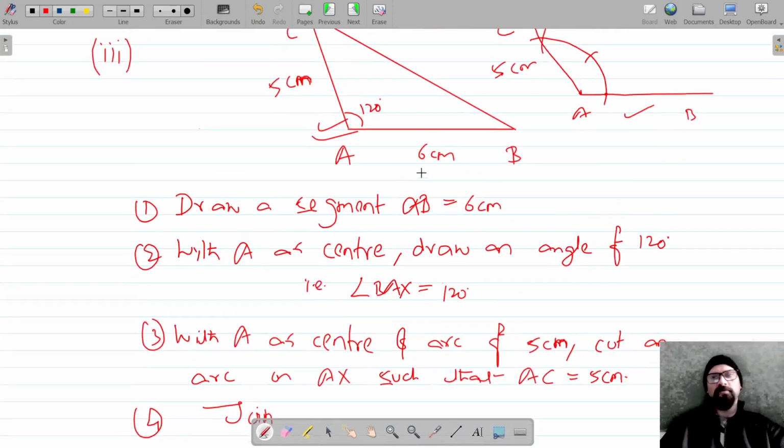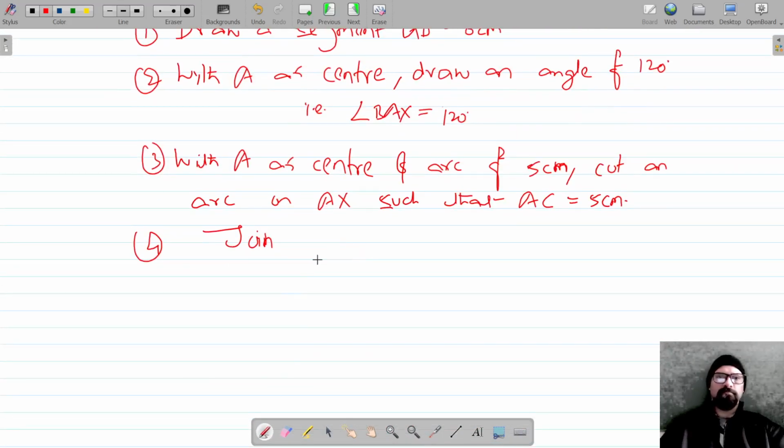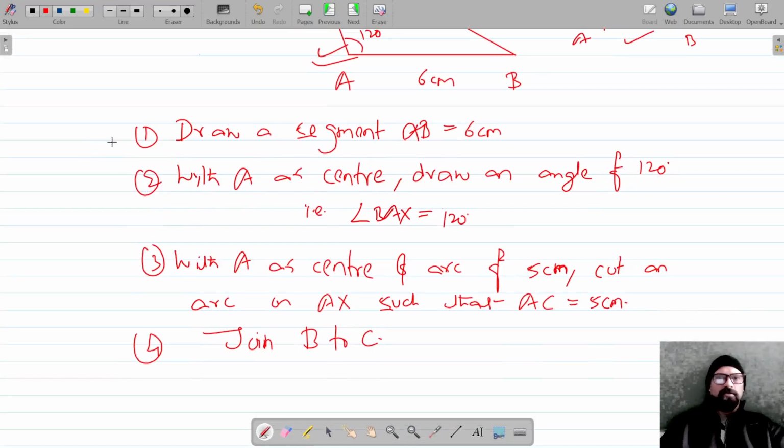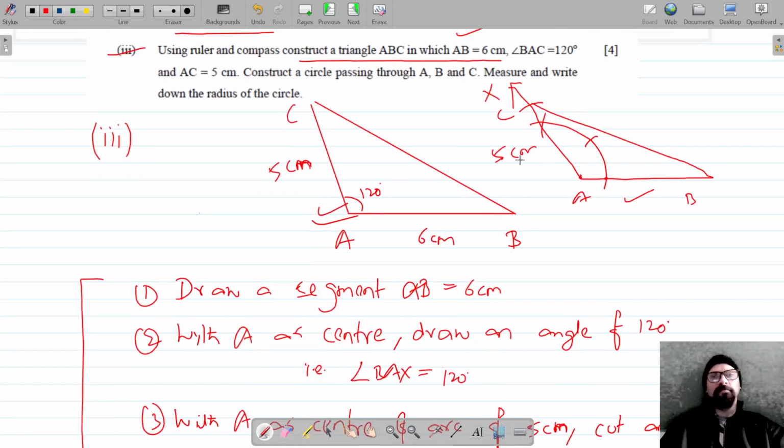Now next you have to join B to C. This is how you construct a triangle ABC.